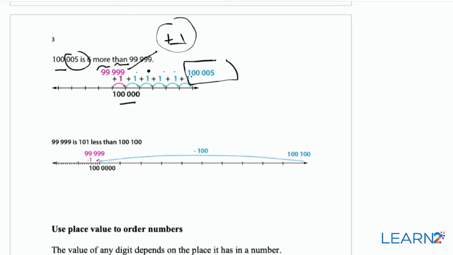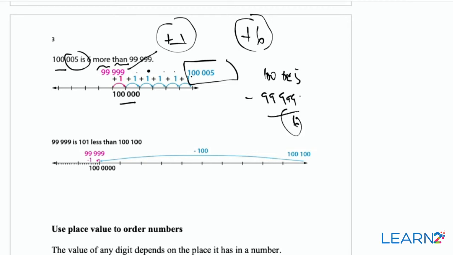So how many units away is 100,005 from 99,999? We can see that there are 6 units further. So in other words, 100,005 subtract 99,999 is 6 units. 1 unit takes us to 100,000, plus another 5 takes us to 100,005.